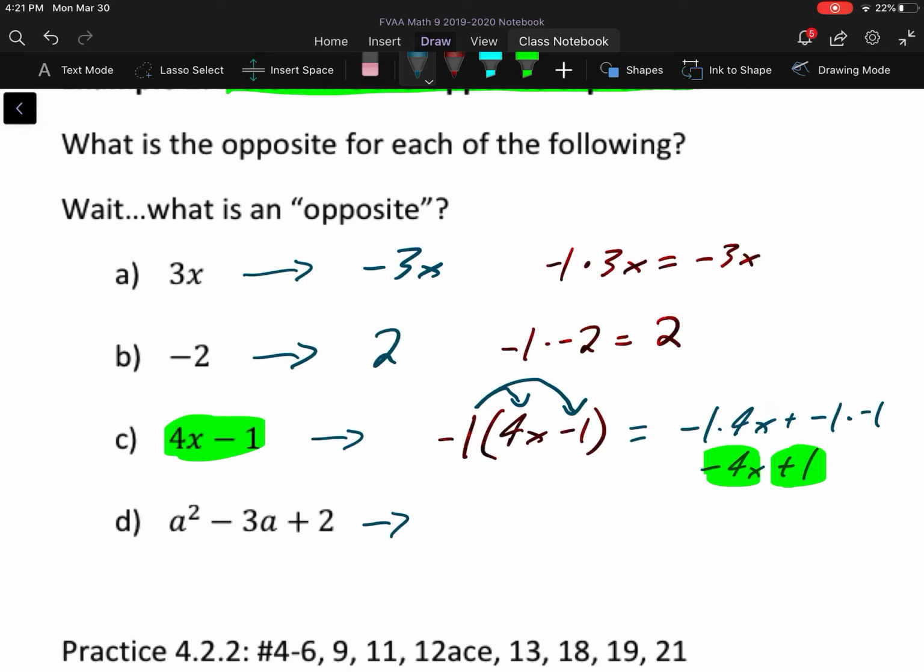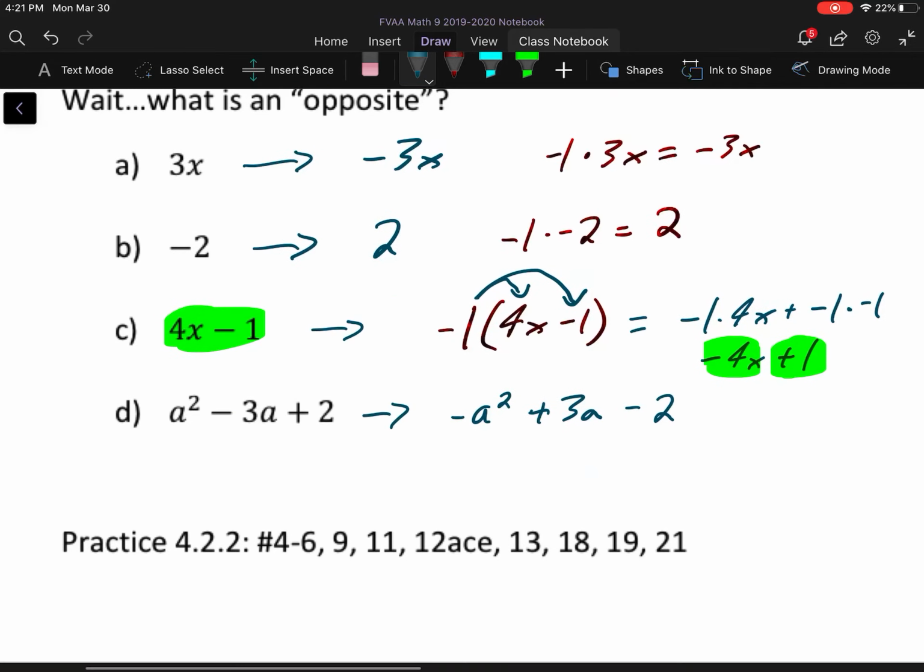So a squared would just become negative a squared. Negative 3a would become positive 3a, and positive 2 would become negative 2. Okay, and again, what you're doing is taking that negative 1 and multiplying it to the a squared minus 3a plus 2.